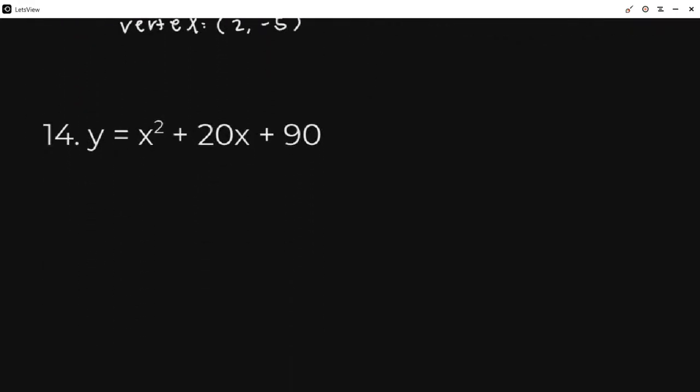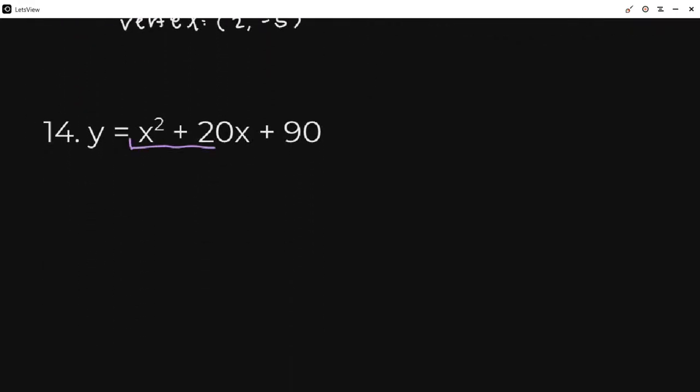Okay, next one. So again, we're looking at just these two, and we're ignoring the 90 for now. Or if it helps, you could also move the 90 to the other side. Okay, so that'll be y equals x squared plus 20x. Sorry, I forgot to leave space, because we're going to add a number here.